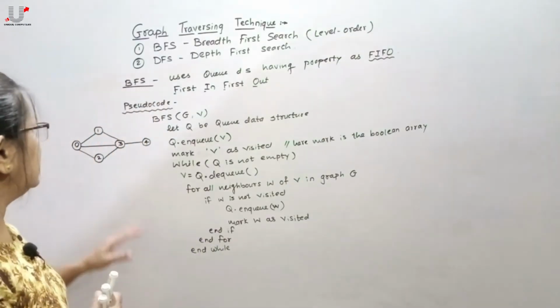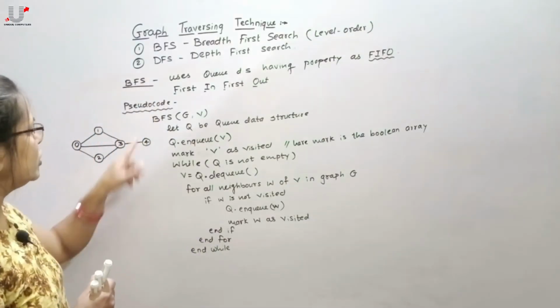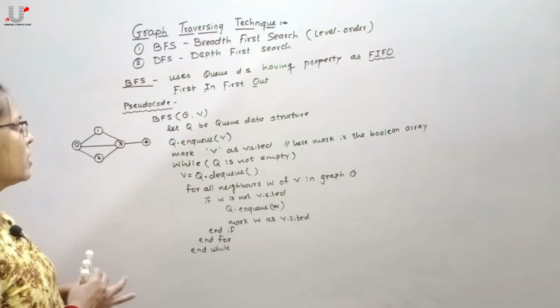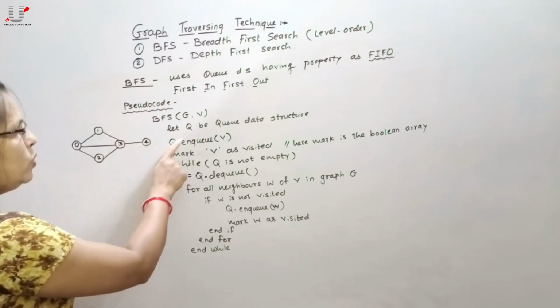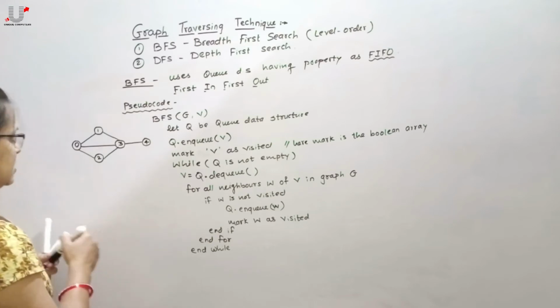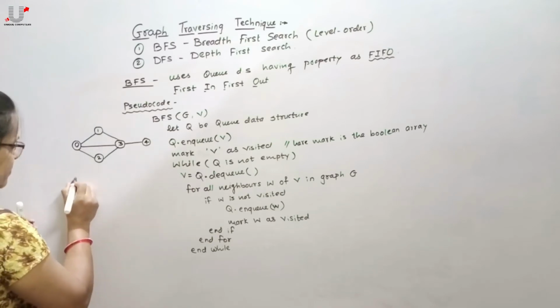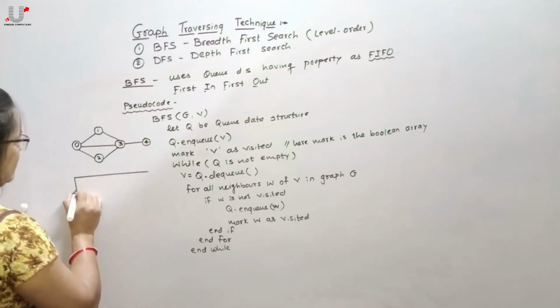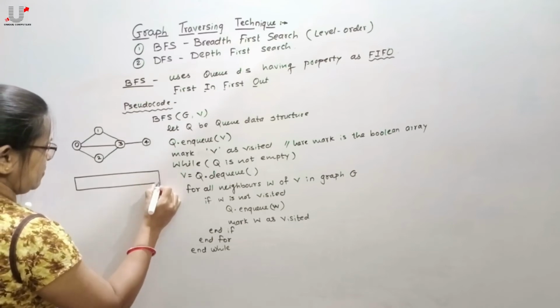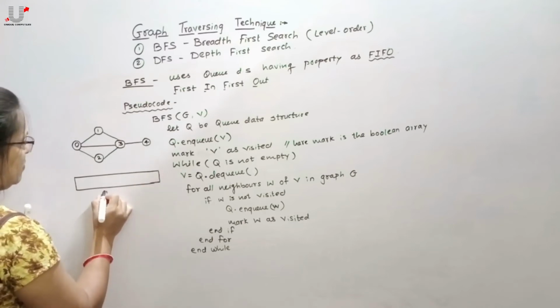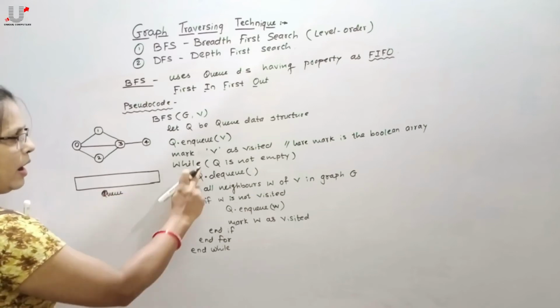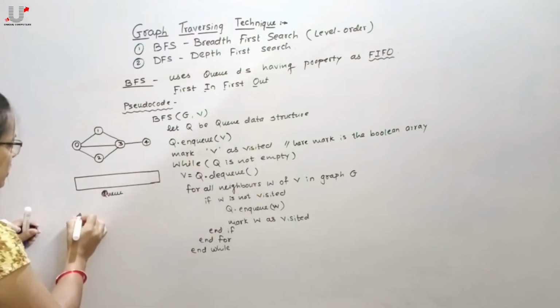Now let us see the working of this algorithm using pseudocode. In this algorithm, the Q data structure is used, and marked is a Boolean array.